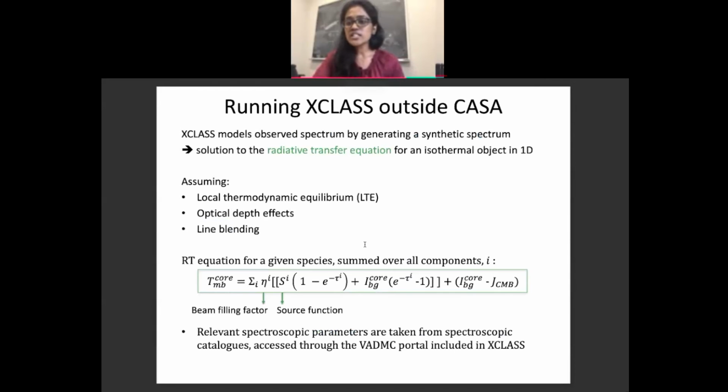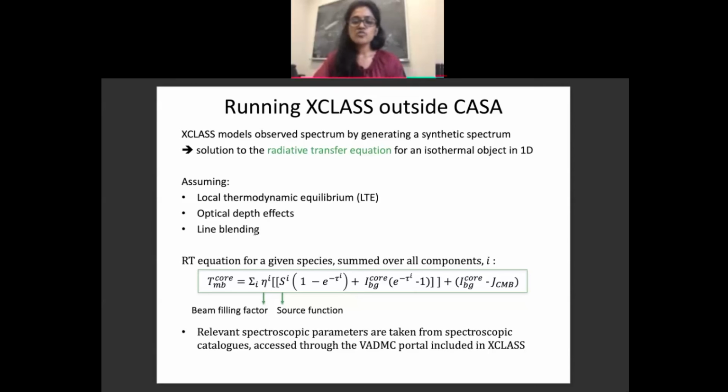So X-class basically models your observed spectrum by generating a synthetic spectrum, which is obtained by solving the radiative transfer equation, which is shown here. Now, this is shown for a single species, but summed over different components i. And it is done over an isothermal object in one dimension. It assumes conditions of local thermodynamic equilibrium, but newer versions of X-class can also include non-LTE effects.